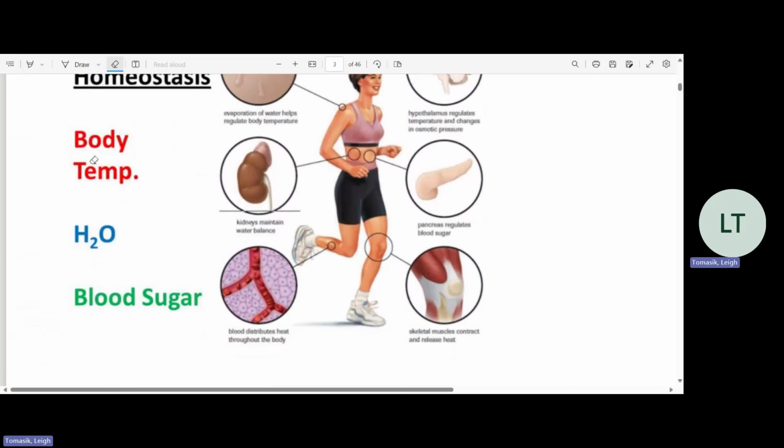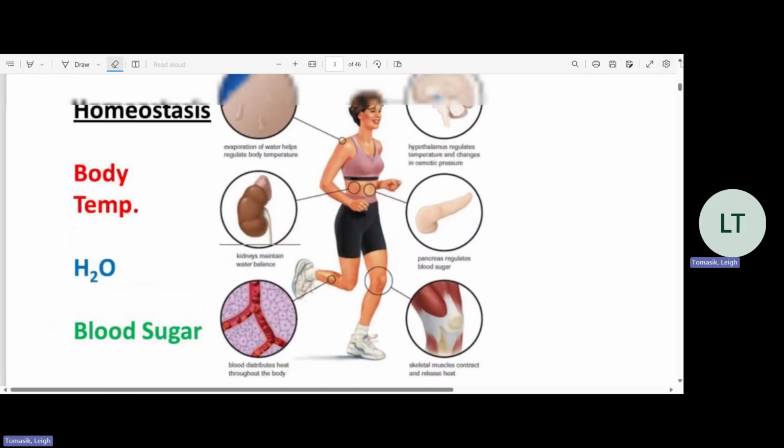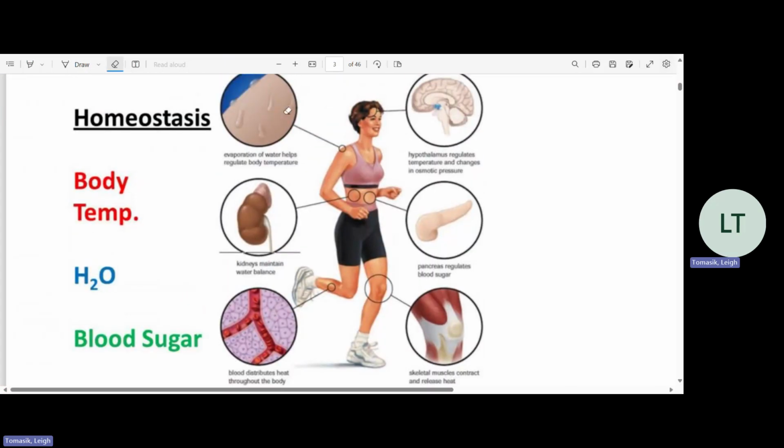Okay, maintaining her body temperature. What maintained her body temperature? Her skin, her hypothalamus, and her blood, all work together to maintain her body temperature. What helped her maintain a level of water? Her hypothalamus and her kidney.